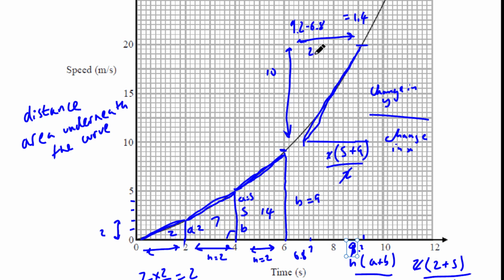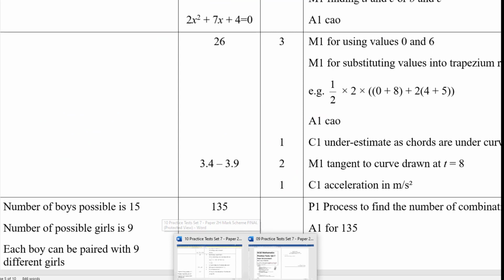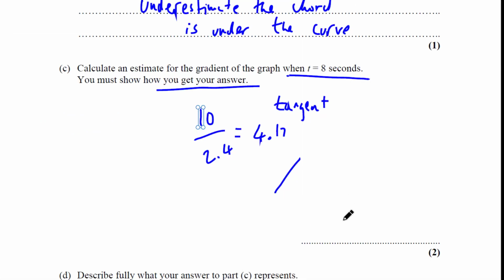Get this bit as 2.4, so the change in y divided by the change in x is 10 divided by 2.4, which comes to 3.9.